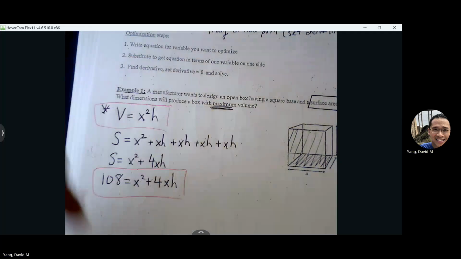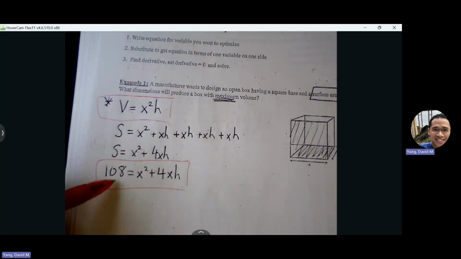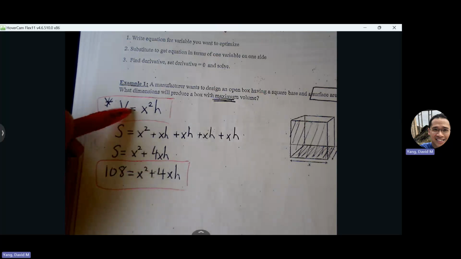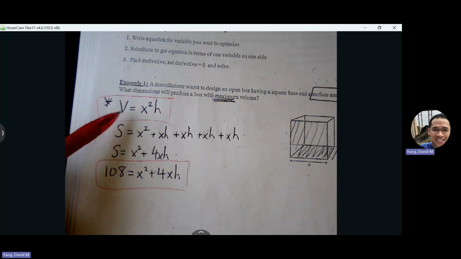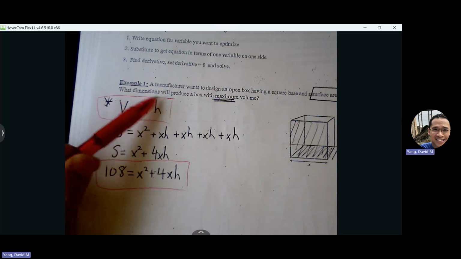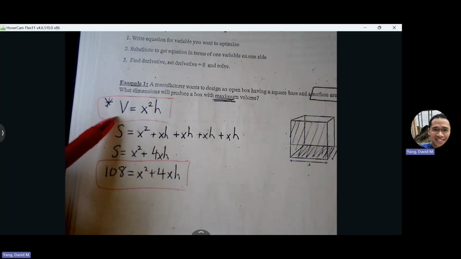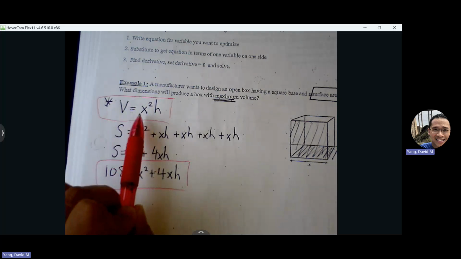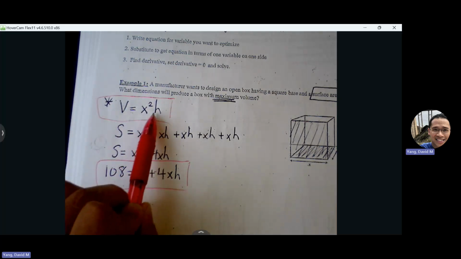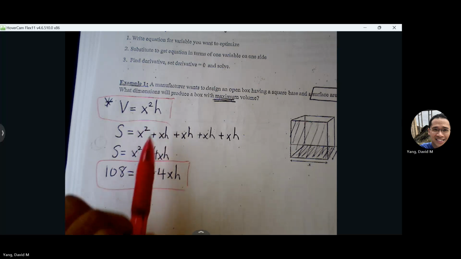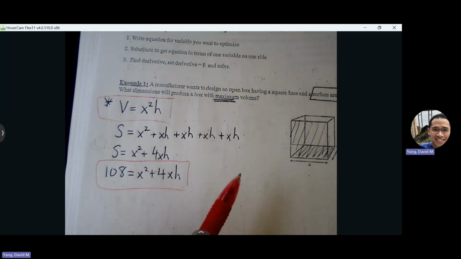We're trying to find a way to get this equation to be plugged into this equation, but we would like to get the volume equation down to one variable because this is what we're trying to find the derivative for. Now, which variable would be easier to replace to solve for? H, yeah.